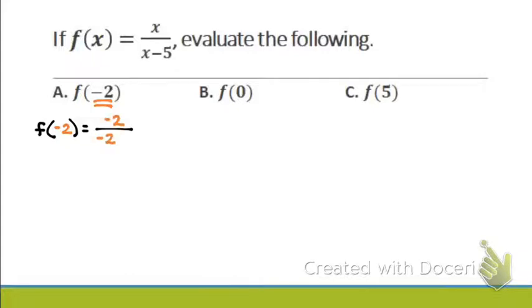Down in my denominator, I have -2 minus 5. How would my denominator simplify then? -7. Can I simplify that fraction any further? The negatives are going to cancel. So when I evaluate this for f of -2, I get 2/7.